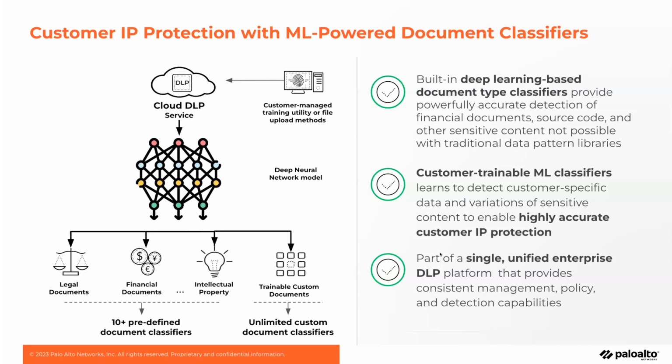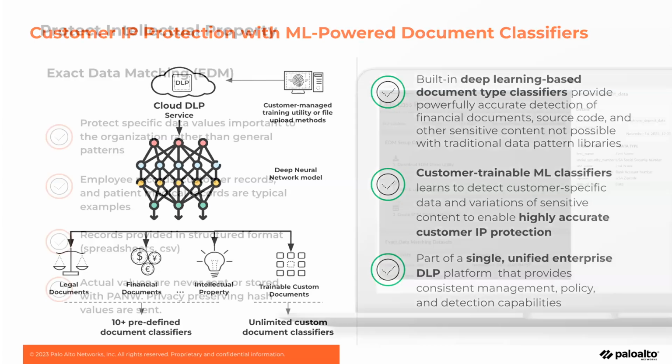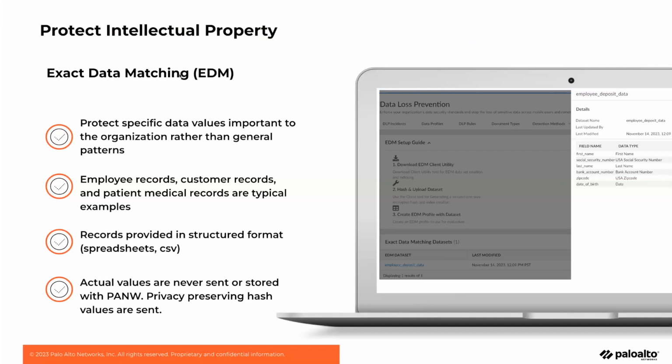The utilities and file upload methods are provided to customers, and all of this is done in a privacy preserving manner as well, so that Palo Alto doesn't get to see the data. We only see representations of that data that are of the type hashes or fingerprints, and we'll go into the details of those. And again, all of this is a part of our single unified DLP platform, so that you build those IP protection related ML models once and be able to leverage it wherever Palo Alto's control points are, whether at rest or in motion.